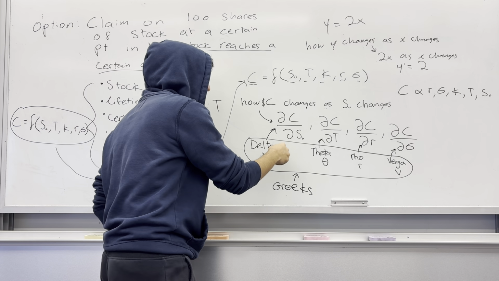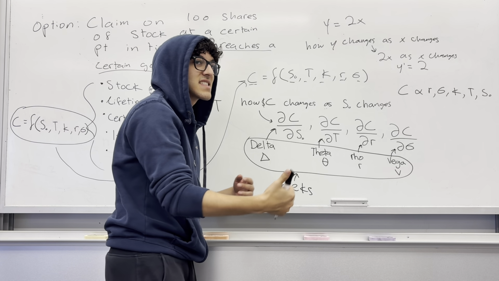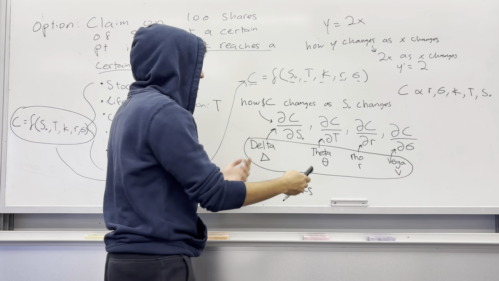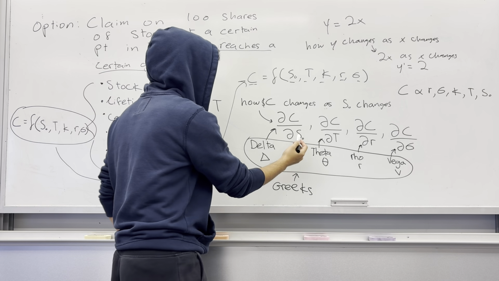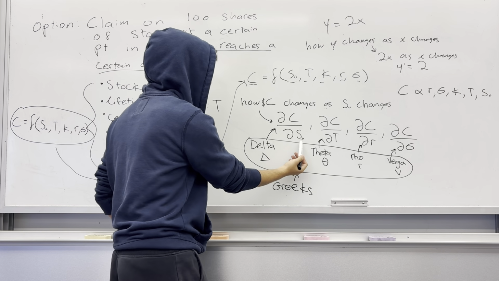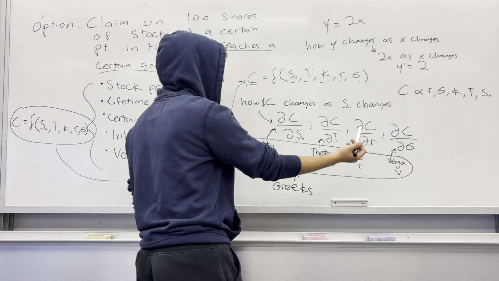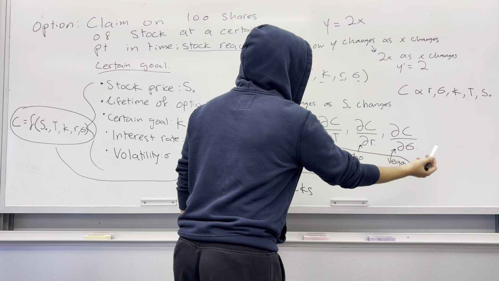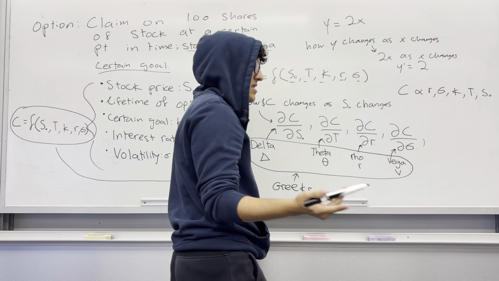They're not necessarily what prices the call. They're just effects of the call price. What prices the call is the parent functions or the parent variables, which are these. So what prices the call is this: stock price, time, interest rate, and implied volatility.